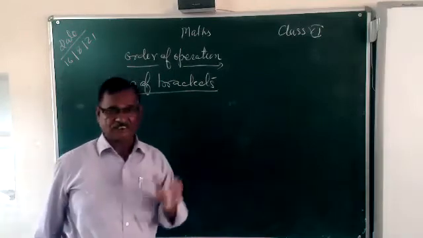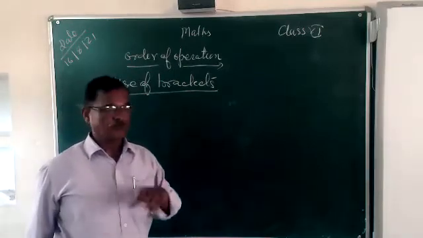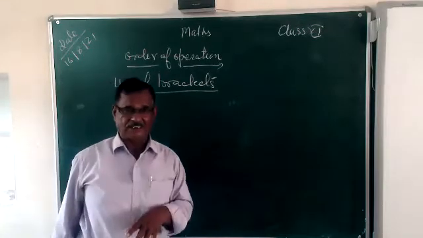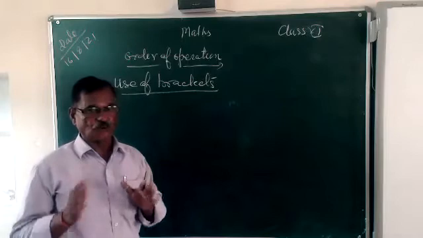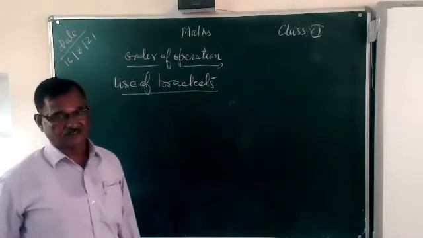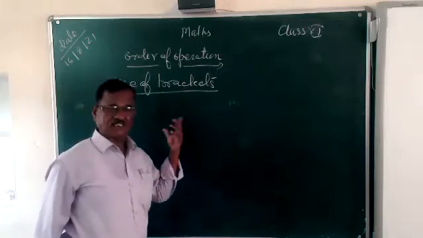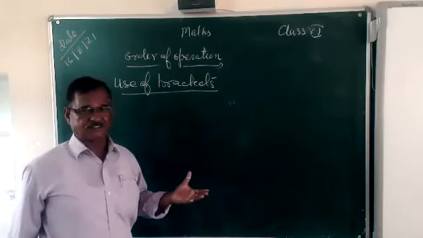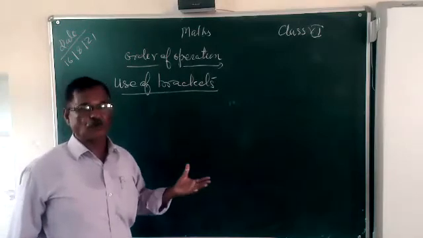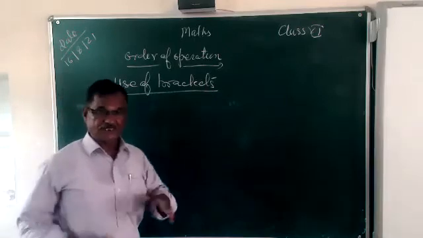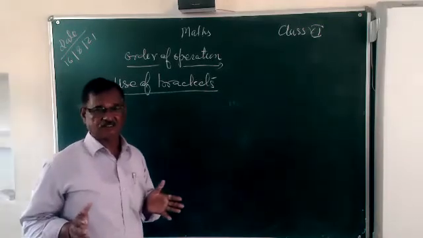If any numerical expression contains more than one operation, to simplify it, we group them with the help of brackets. Thus, you get the new order of operations, the previous BODMAS along with the use of various brackets together.